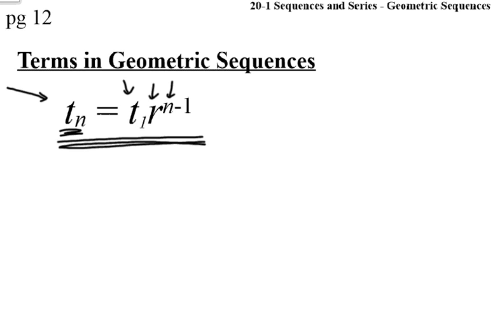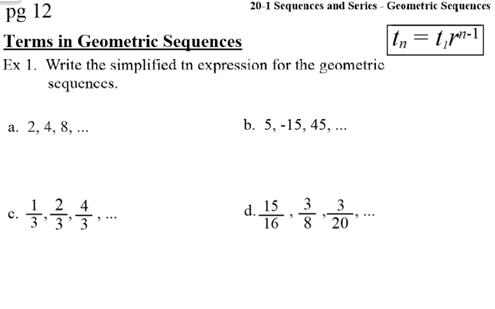Same kind of idea. How we use it, what's our algebra skills like, that's up to you. We know that T of n is a particular term. We know T1 is the first term. We know now that R is your ratio, and we know n is the number of terms. So using that formula shouldn't be overly complicated.